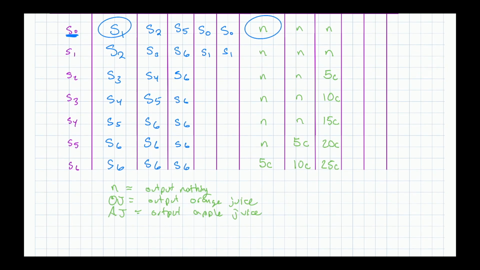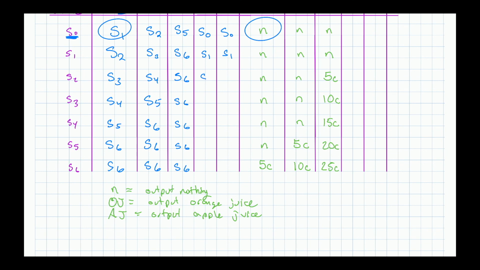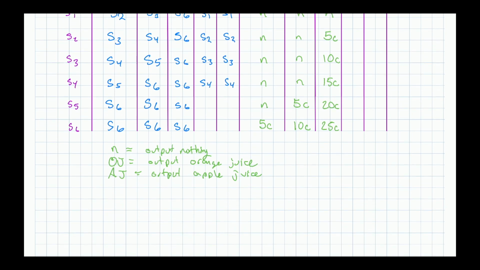If there's 10 cents and you press the button, nothing happens, stay the same. If you got 15 cents, nothing happens. So S3, S3. 20 cents, nothing happens. 25 cents, you press the button, nothing happens.